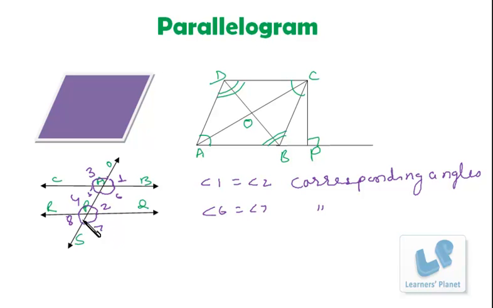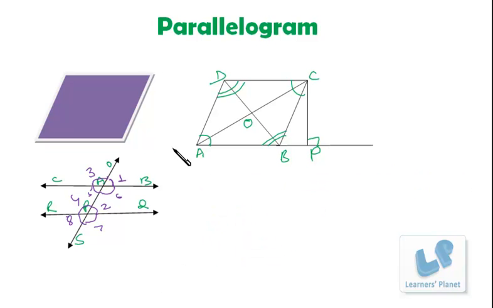Similarly, angle 5 is equal to angle 8. Both of them are corresponding angles, and angle 3 is equal to angle 4. Both of them are on the same side of the parallel lines, so even these are corresponding angles. So these four types of corresponding angles we are getting in this set. So angle 1 is equal to angle 2, angle 6 is equal to angle 7, angle 5 is equal to angle 8, angle 3 is equal to angle 4.